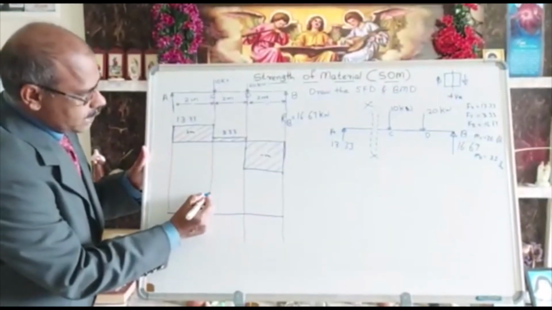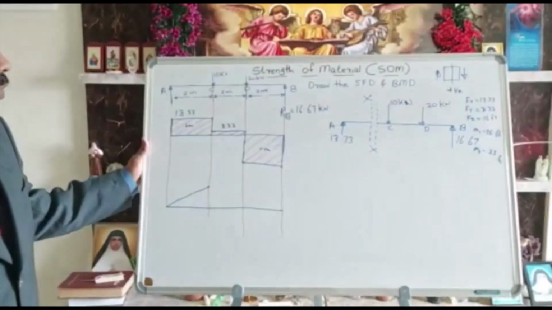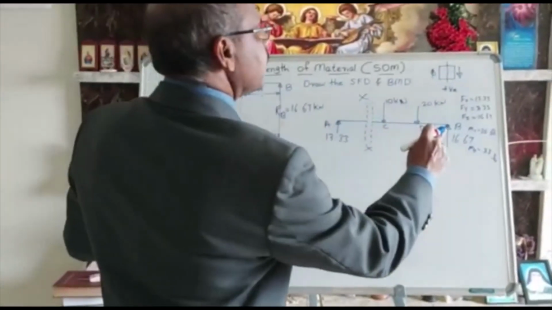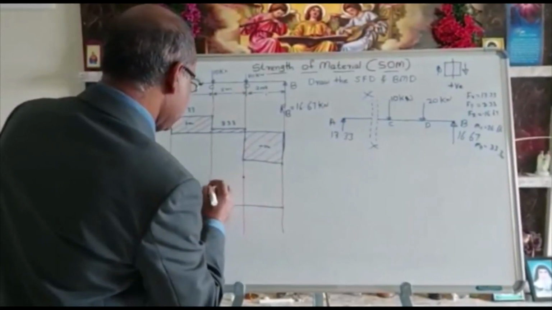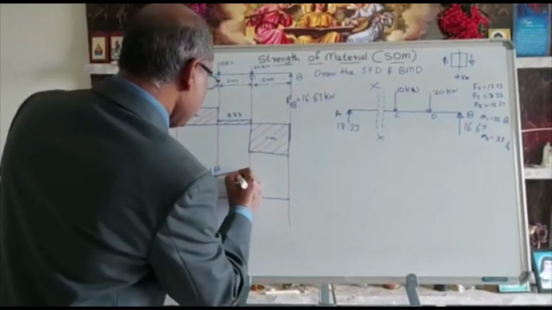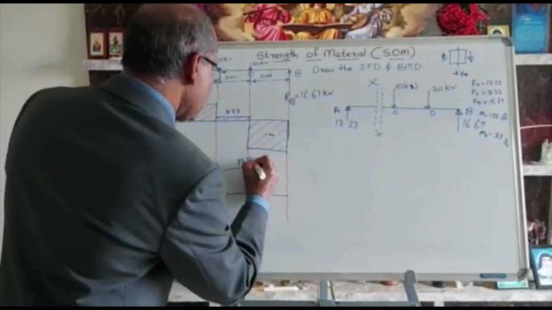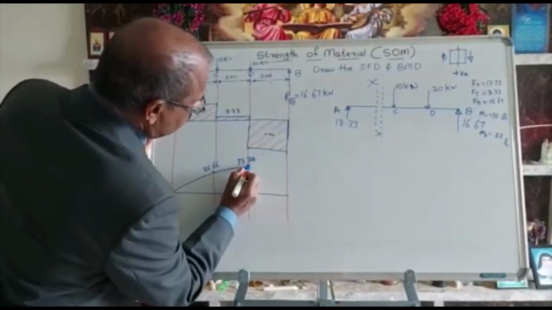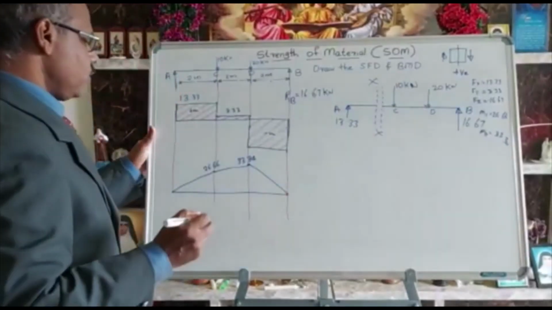Here you can join this with an inclined line. 26.6, and MD we have 33. Mark 33. This is 26.66 and then we have 33.34. Thereafter we have the 0 value.